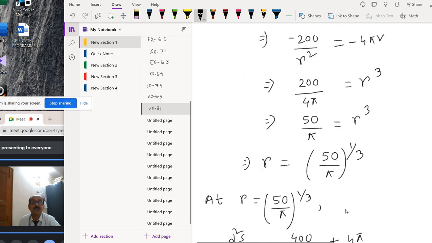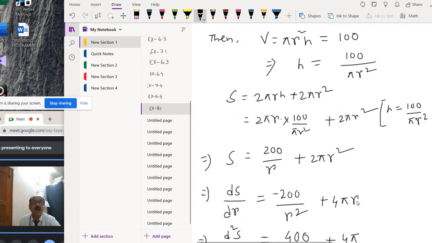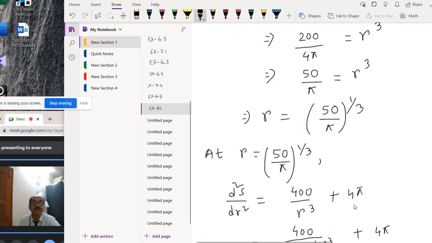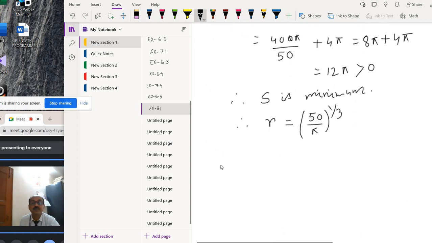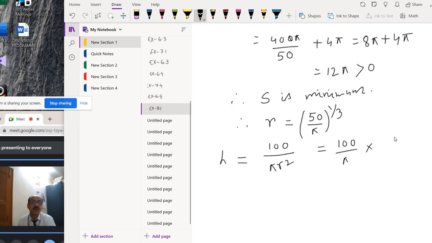Now h equals 100 by pi r square, which equals 100 by pi into 1 by r square, that is 1 by 50 by pi to the power 2 by 3.